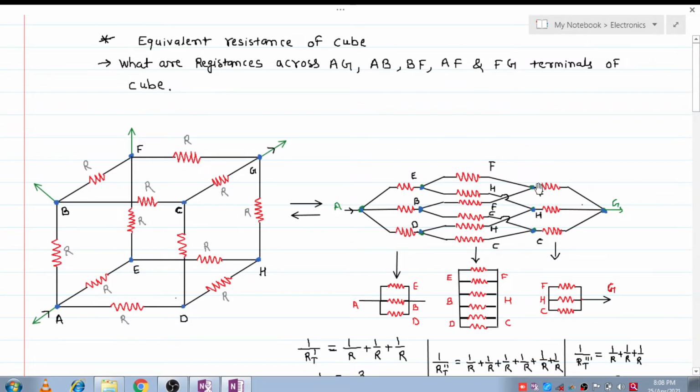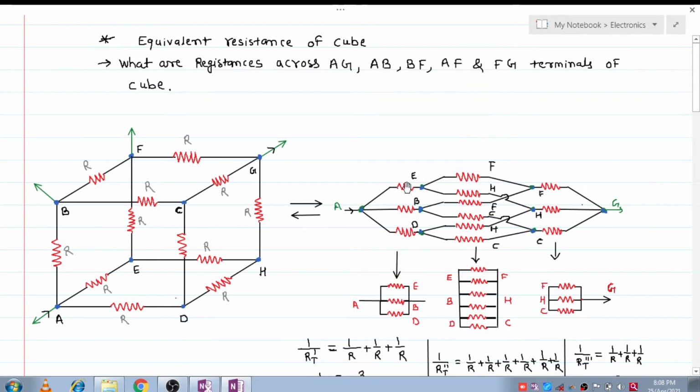Similarly, this F point, this C point and this H point are equivalent points. So we can say that this is equipotential, and this is also equipotential. Due to the equipotential we can connect these points. So this point we have connected, and this F, G point also we have connected.